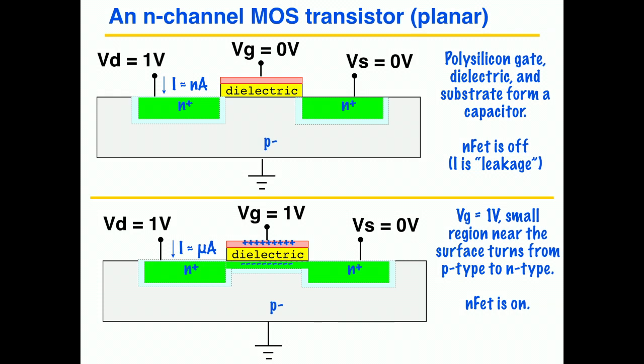So we have like a capacitor here where you have a dielectric and two plates. Put a positive voltage here, we attract negative charge underneath the gate. And what that does is we say it inverts this channel. This region here is the channel. And it effectively changes it from P to N type, which creates a conductive path between the source and the drain.